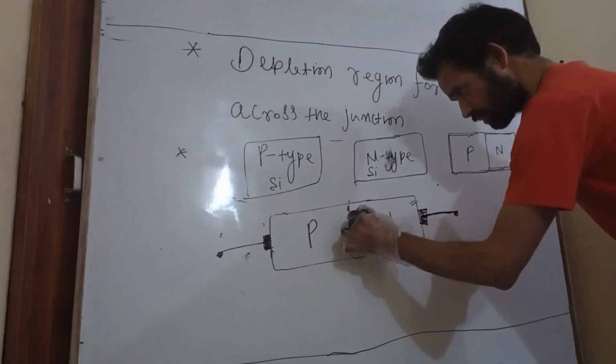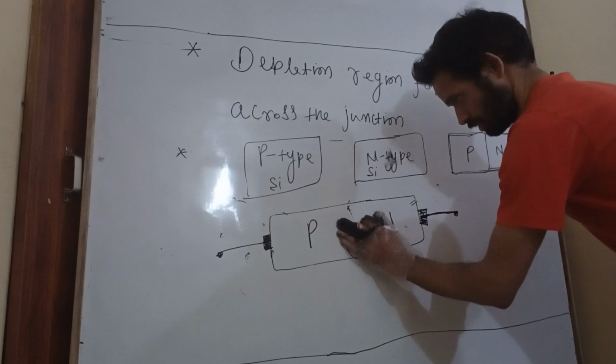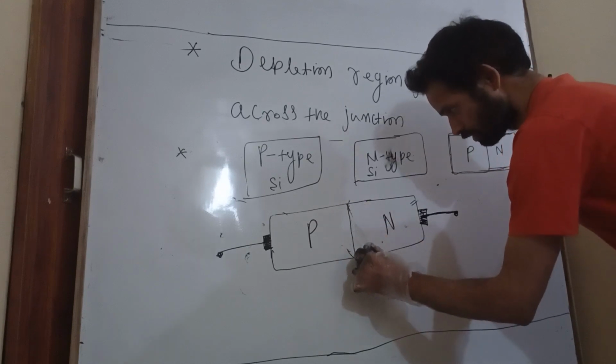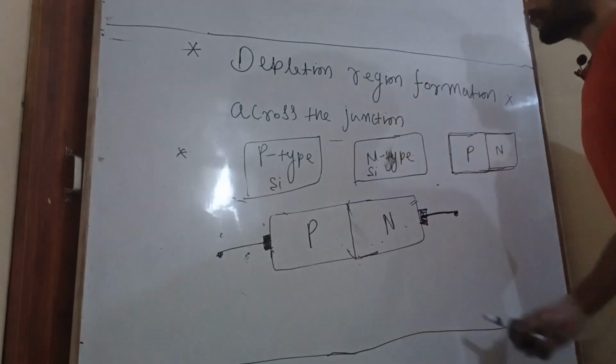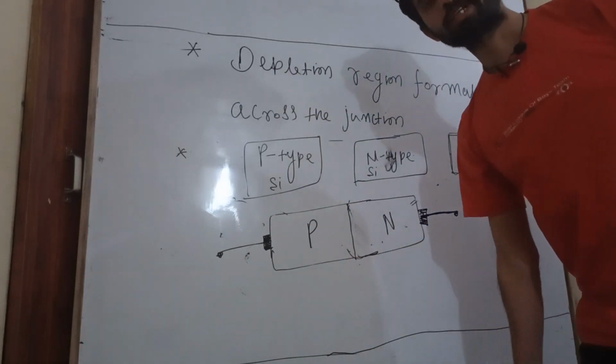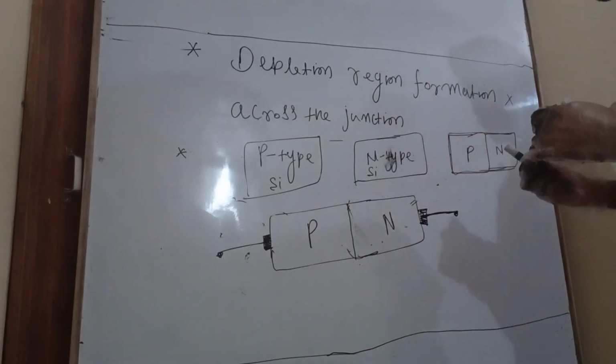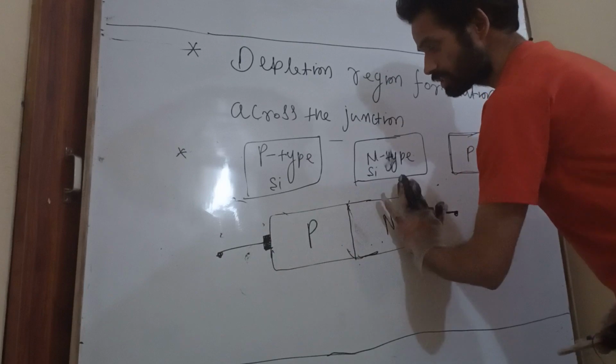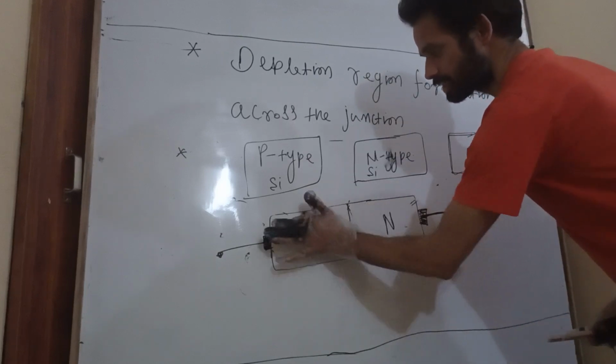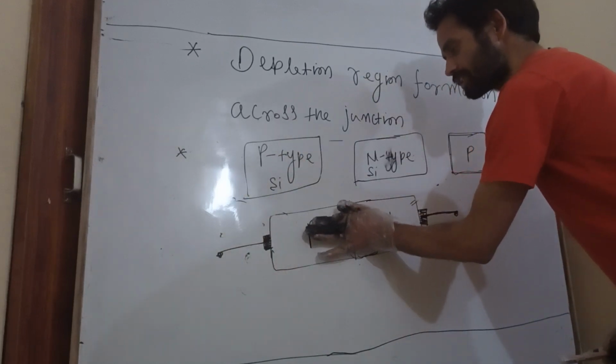Now this is my PN junction diode. This is only a single silicon crystal.